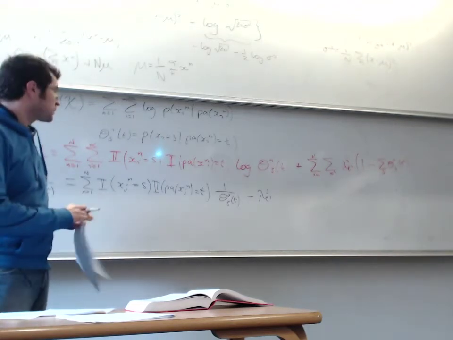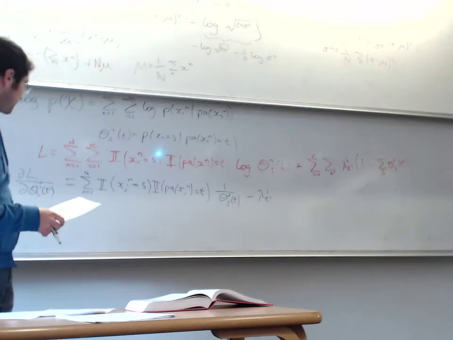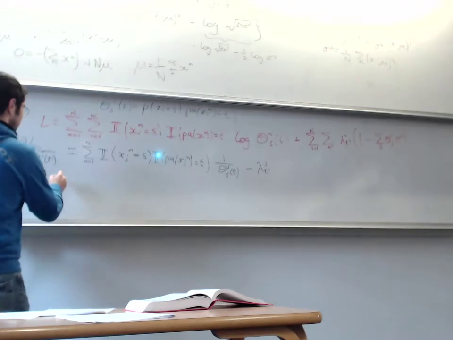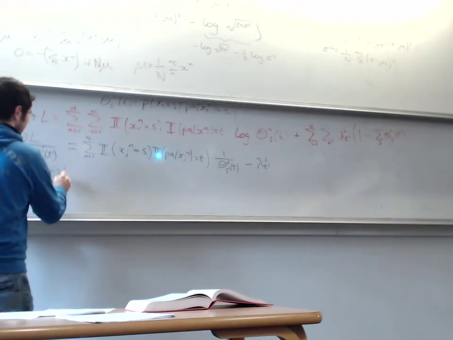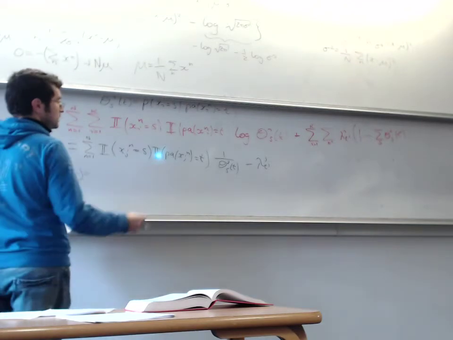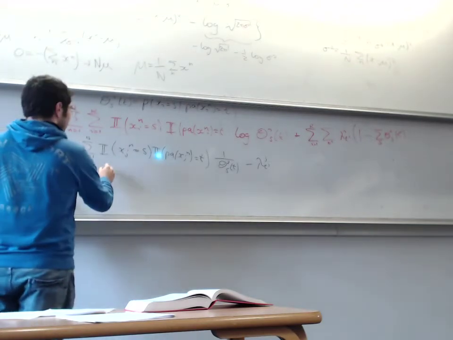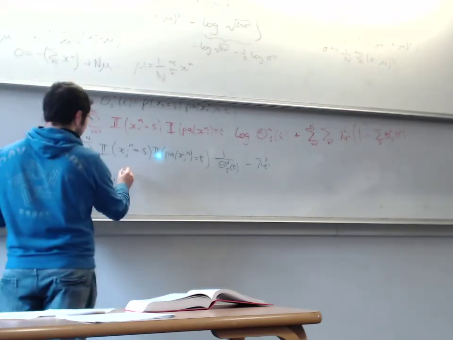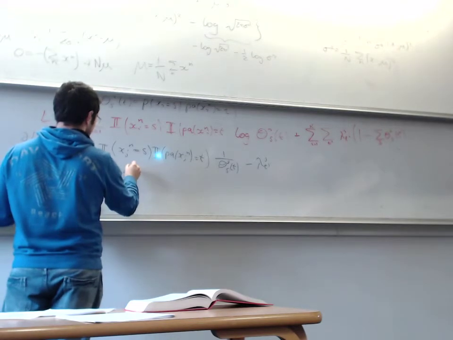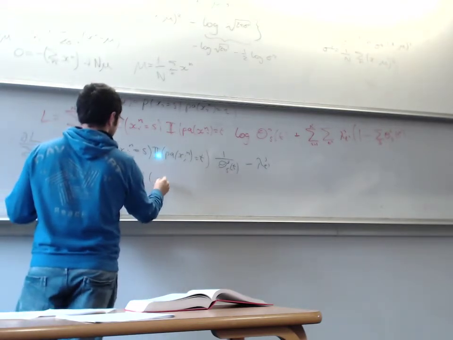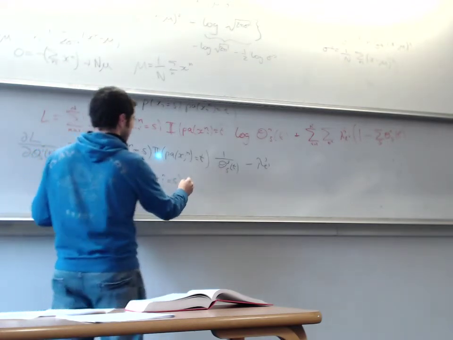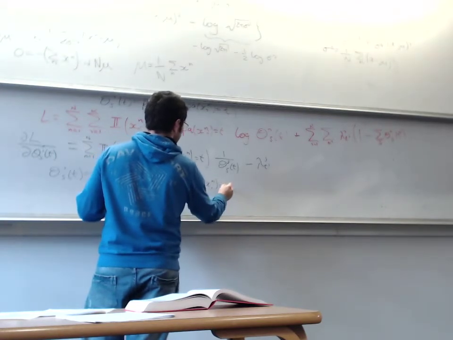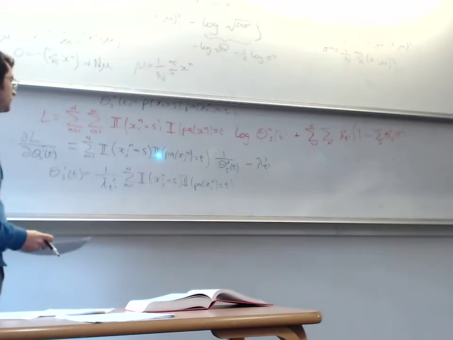So in order to find the maximum, we set this equal to 0, and then by rearranging we can write that each theta_jst is going to be equal to 1 over lambda times this sum from n equals 1 to capital N. And we're almost home and dry.